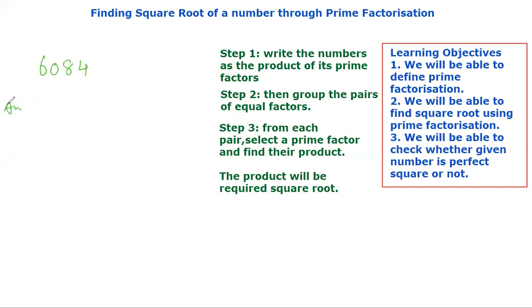So now since it is an even number, so this will be, if you don't know, you can anytime divide on the side, right? And you can write the factors.